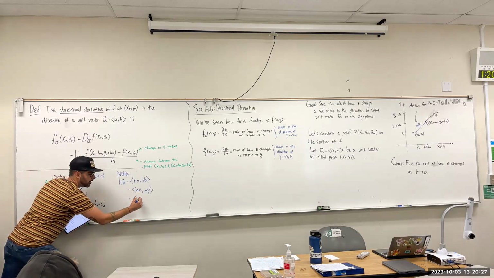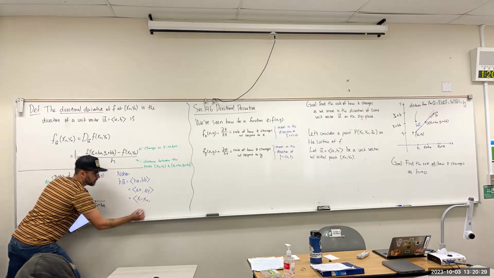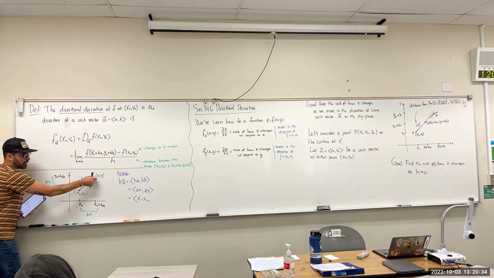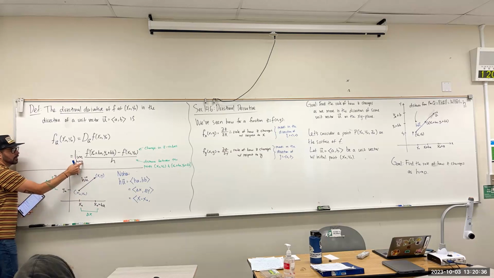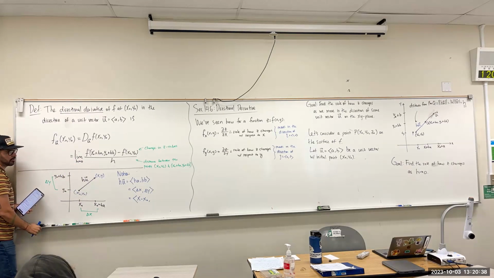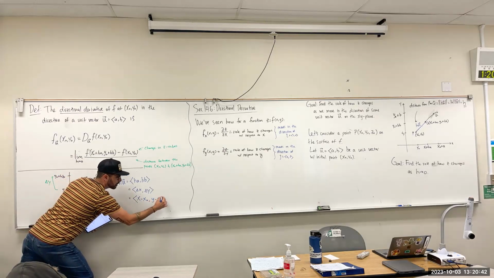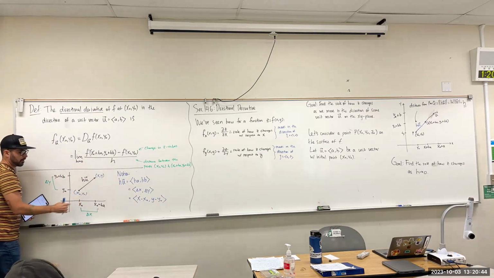So this is the change in x, with this arbitrary x value that might change depending on what h is, because that's the thing that's varying. And the change in y is that arbitrary y value minus that fixed y value.